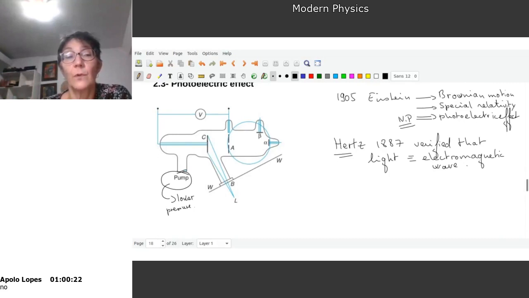This is a surface, which is the cathode, and you can observe that if you illuminate this cathode with light, you will have emission of cathode rays, which you now know are electrons. The surface is emitting electrons because it uses the energy of the light to have electrons.